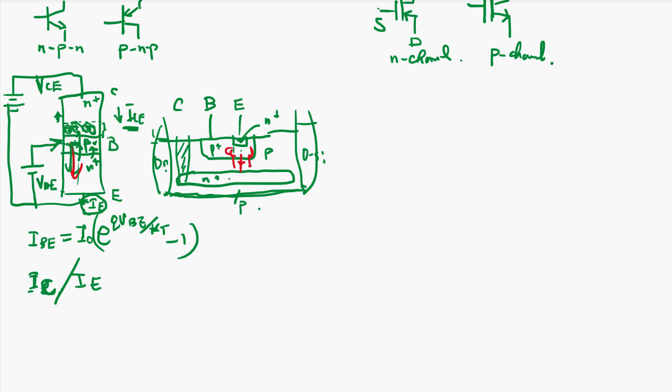The collector current, how much is the ratio? This is called alpha, right? And the ratio between the IB and IE, IE over IB, is called beta.